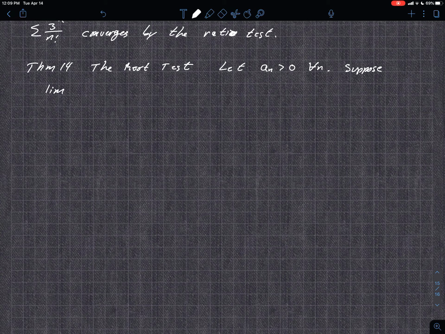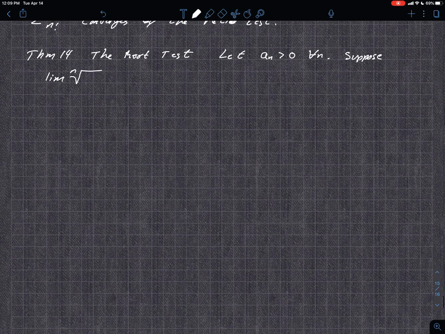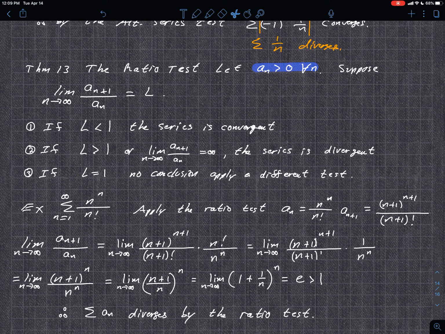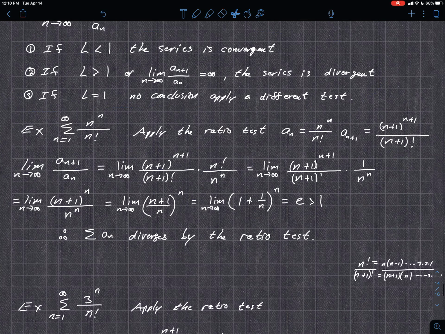And we're going to suppose that the limit of the nth root, this is what makes it interesting, of a sub n as n approaches infinity is equal to L. And you get the same cases, basically. So basically all this is the same, so we can just copy all that.